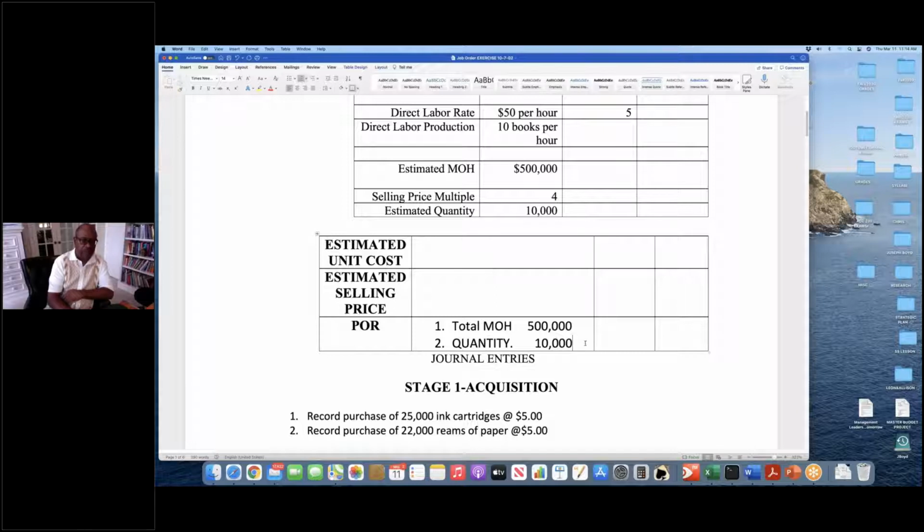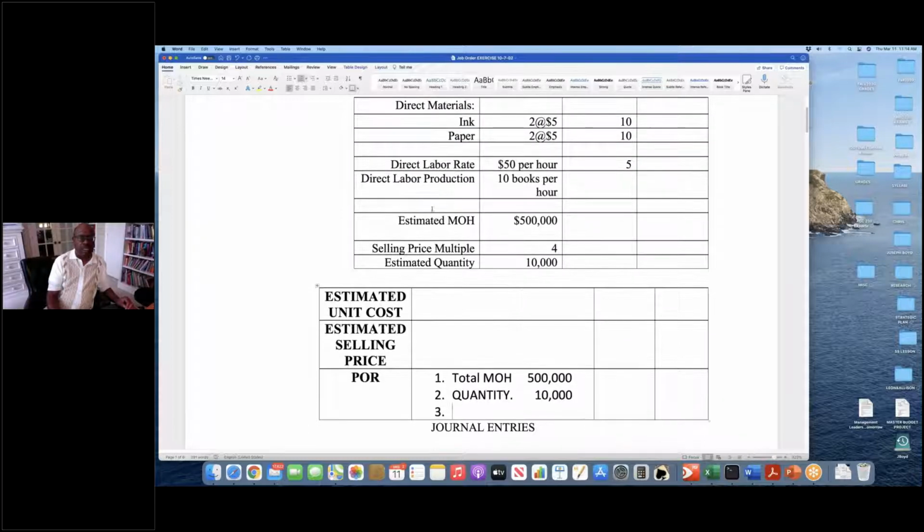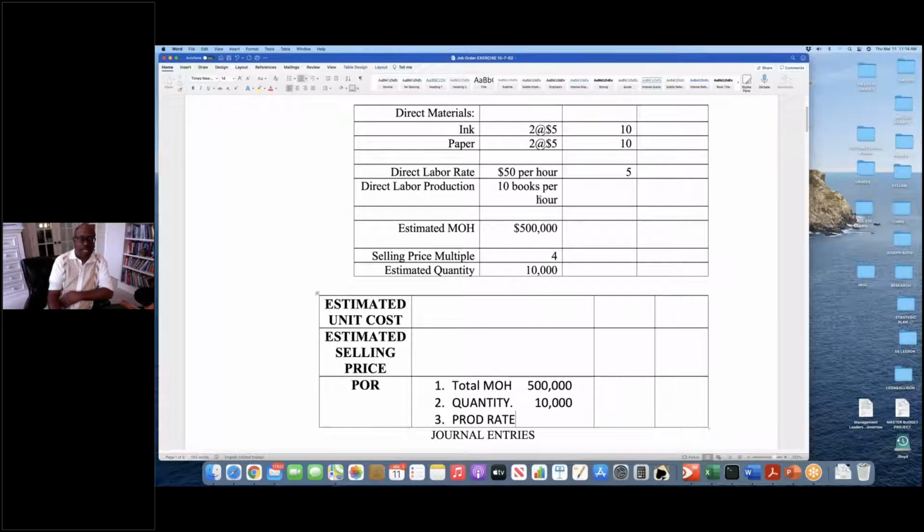What's going to go on our third line? The labor rate. Well, not so much the labor rate, but what? Labor production. So the productivity rate is going to be on your next line. Your productivity rate is 10. It's 10 books per hour. Everybody with me?